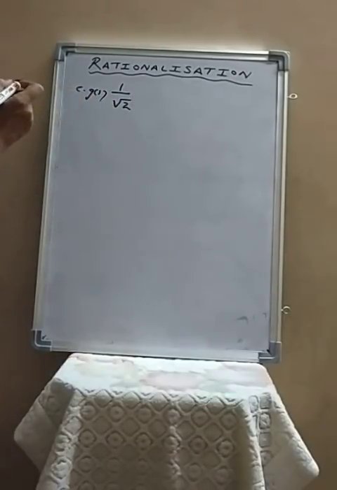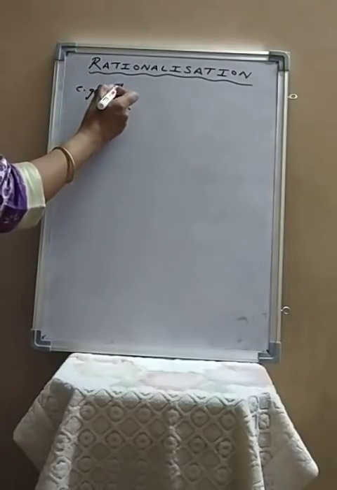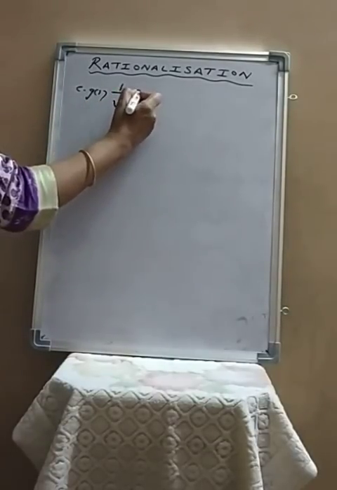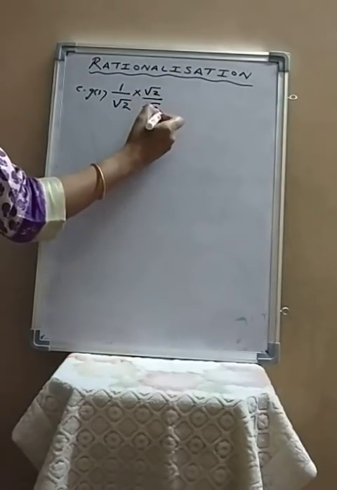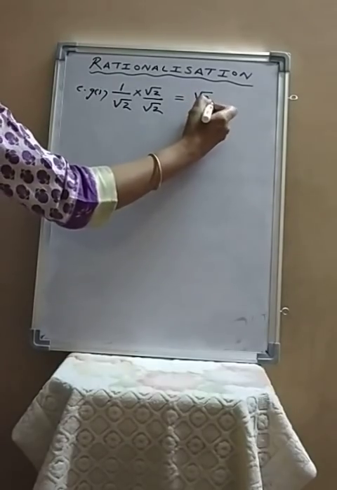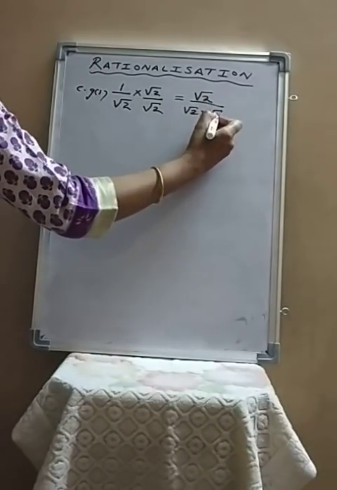So let me explain this first example, 1 by root 2. Here it's a monomial only. So what we are going to do is multiply the numerator and denominator with this same number. So this is equal to root 2 upon root 2 multiplied by root 2.